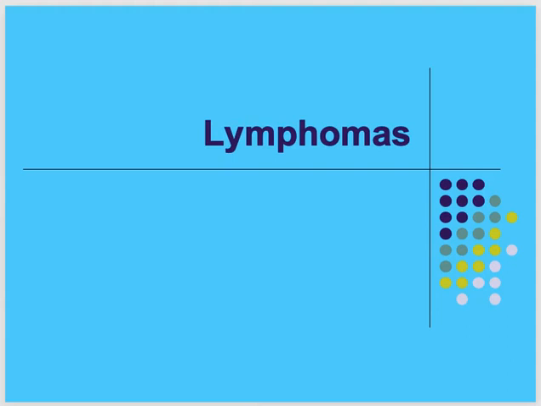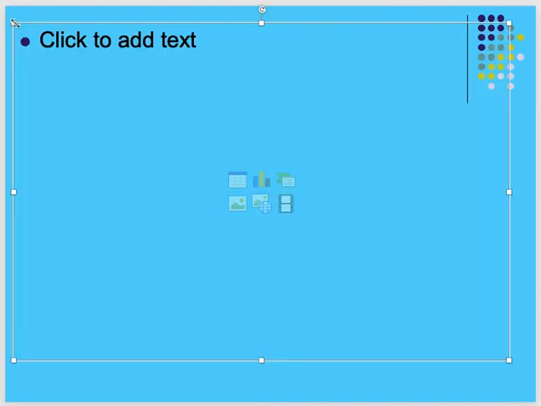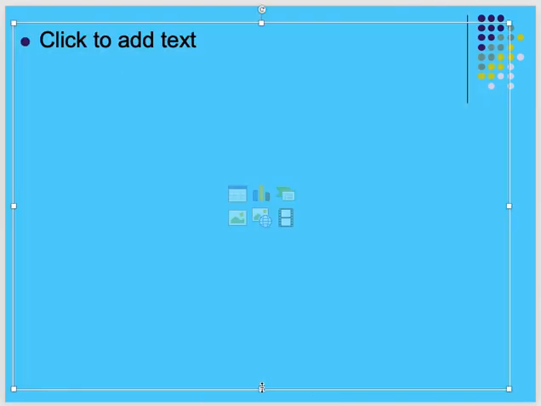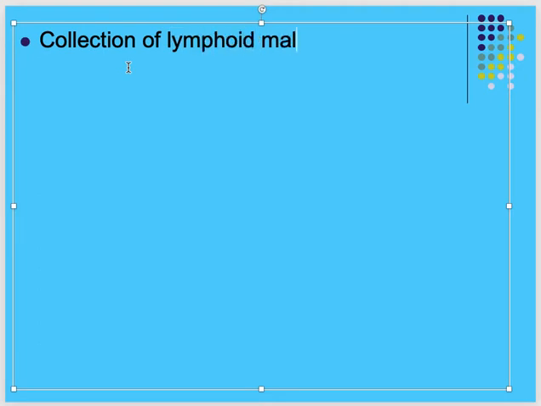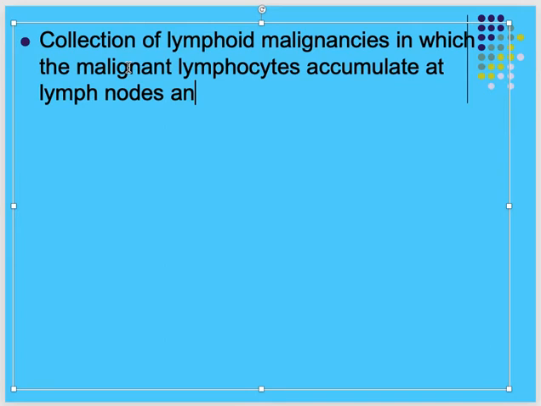So, simply, lymphomas can be defined as a collection of lymphoid malignancies in which the malignant lymphocytes accumulate at lymph nodes and lymphoid tissue.